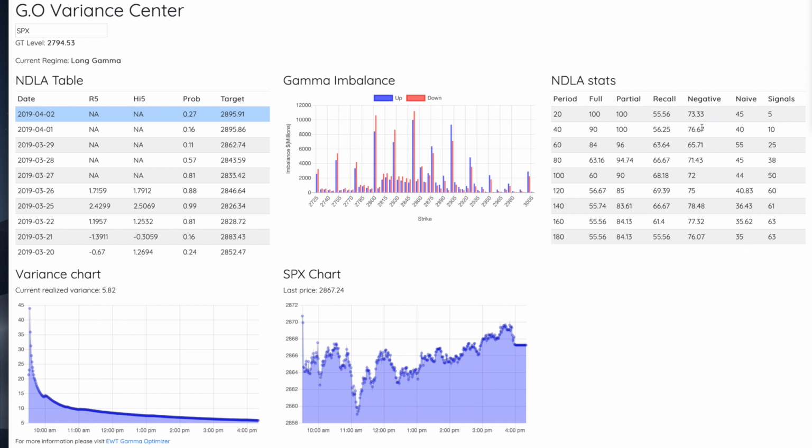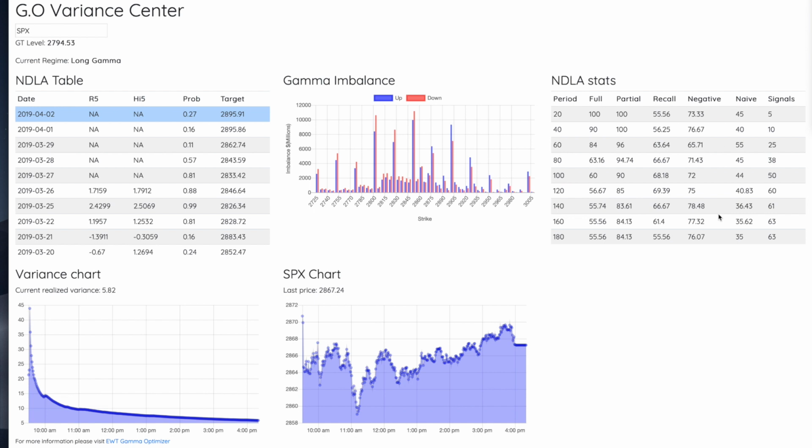For instance, you will have 55% negative signals and we have 73. Well, it's not that bad. It's actually not that bad. But I am not playing negative signals with the algorithm. We could do it, but I'm not doing it because of the risk reward. So this is so far what we are seeing related to the algorithm.